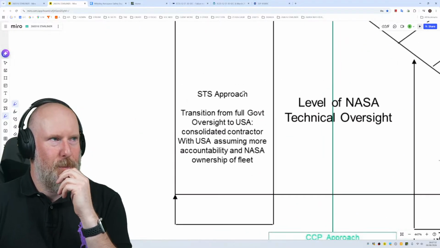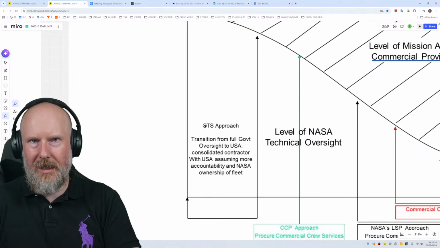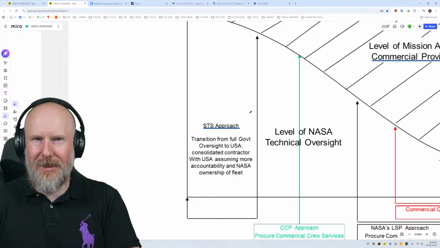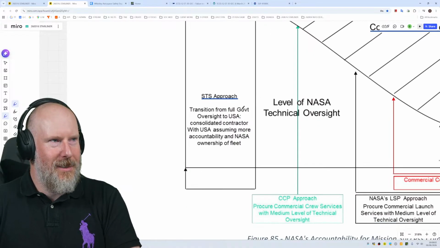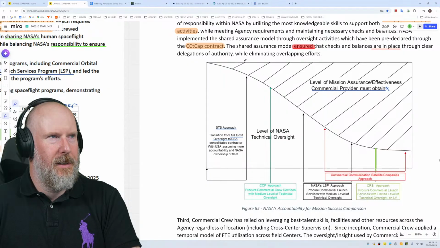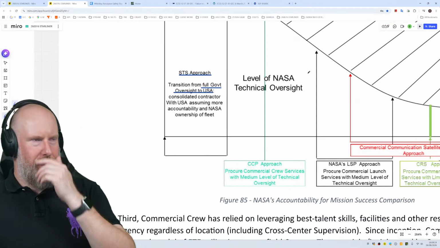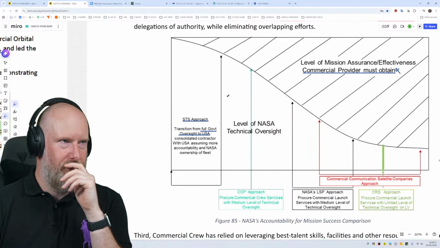So the STS approach, I'm presuming that's the Space Transportation System, which will be the Space Shuttle Orbiter, if I've used the right terminology. So transition from full government oversight to USA, consolidated contractor, with USA assuming more accountability and NASA ownership of the fleet. Okay, so that's why it's reduced. Then we've got the level of NASA technical oversight. So it's getting less.